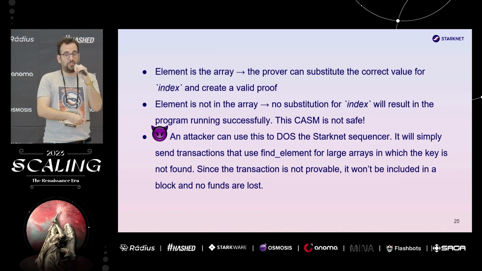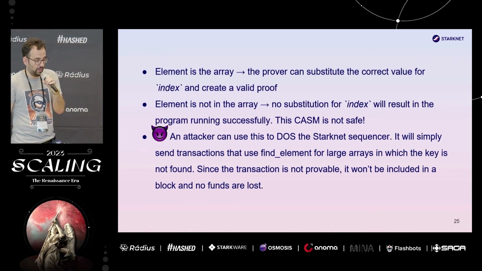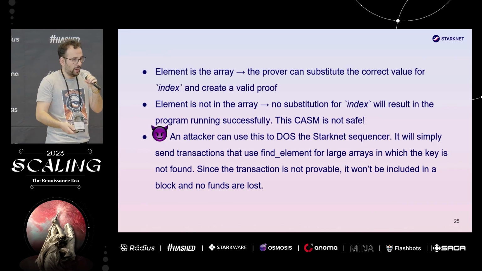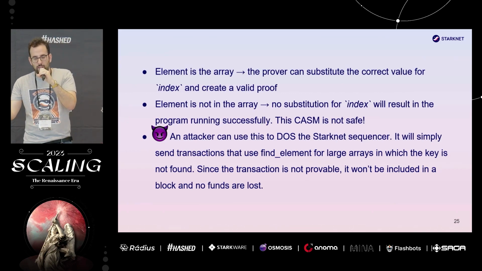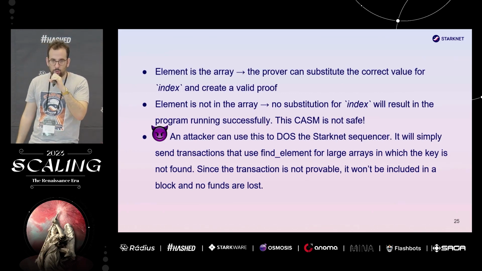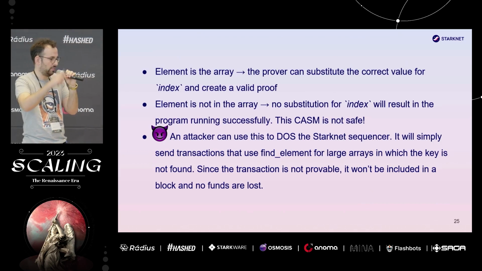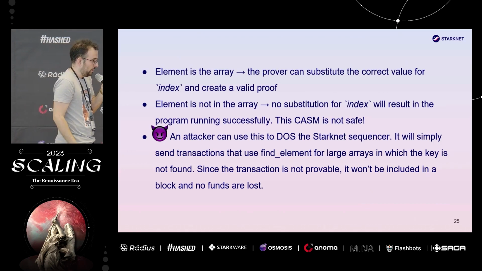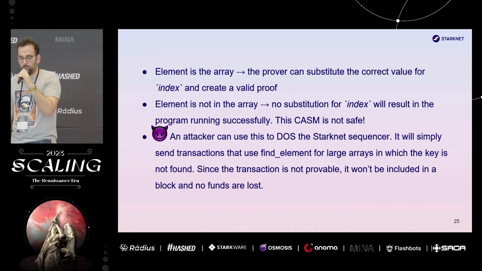All I need to do is define a very large array and look for an element that is not there. The sequencer will have to look for it. He will have to try to find the index, even if it's outside the context of running Cairo Assembly. He needs to know what to substitute for that index variable we've seen. He will figure out it's not there, and then he cannot proceed.